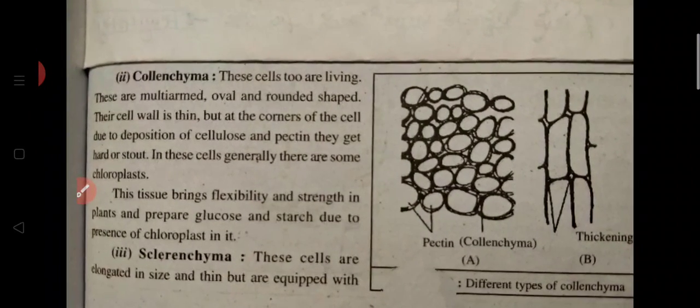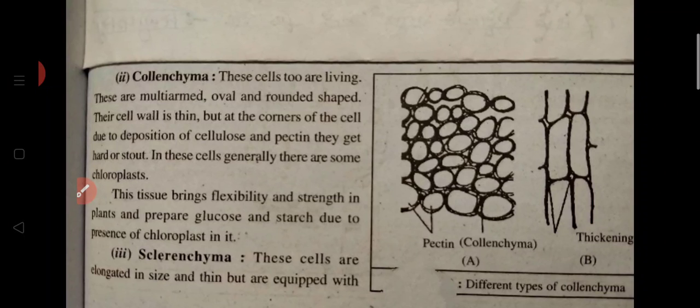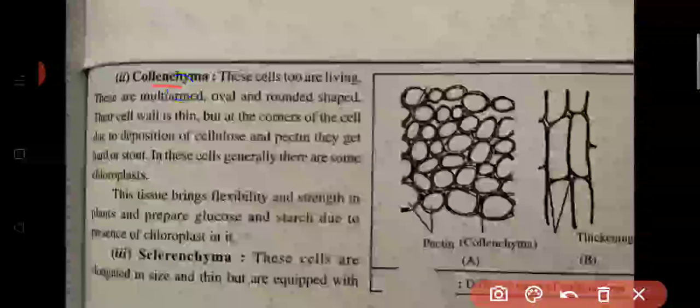Second is Collenchyma. They are found in the middle vein of the stem and leaves, and Collenchyma's walls are thicker than Parenchyma. They have thick and elongated cell wall, and cell wall possesses pectin.